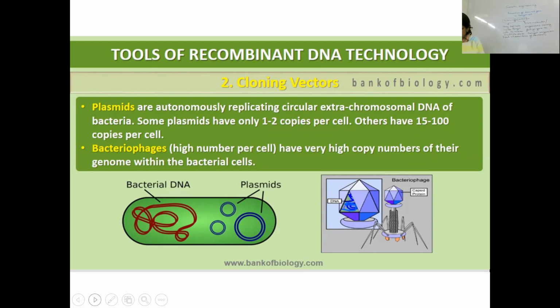So what are the ideal characteristics of vectors? I request everyone to first listen, then you can write. First, the first character is high replicability.